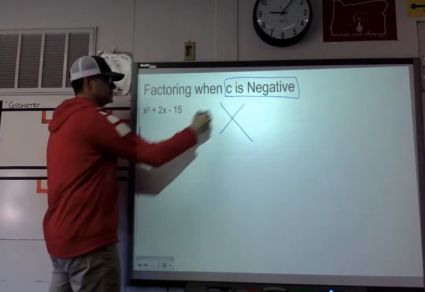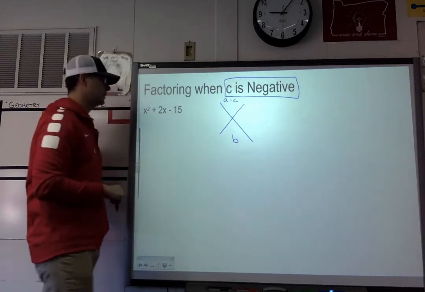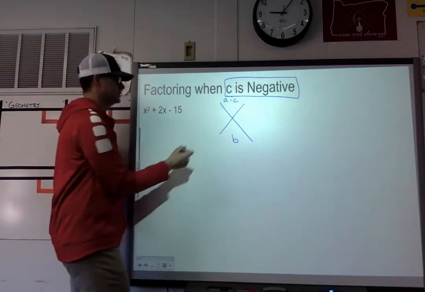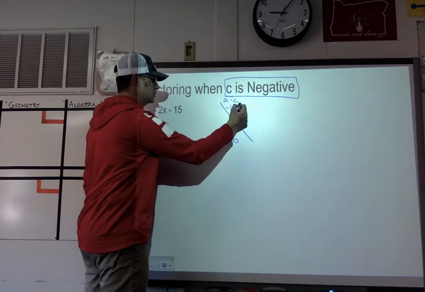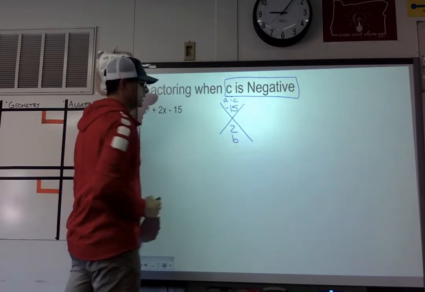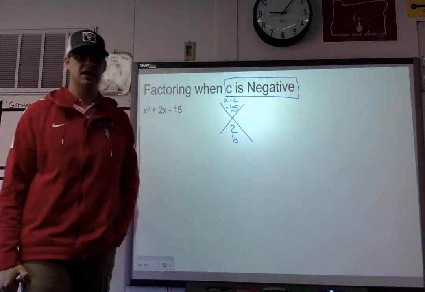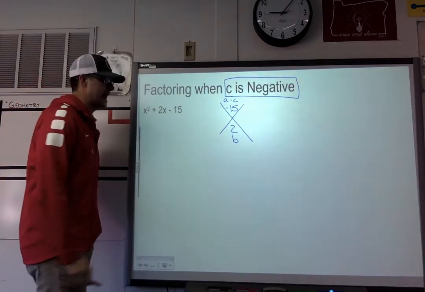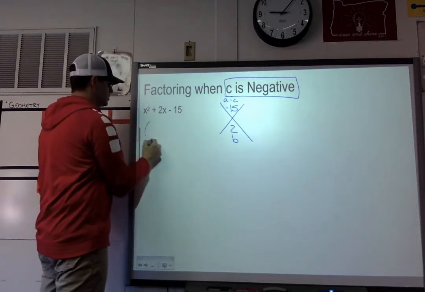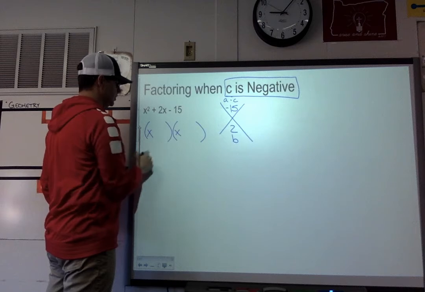So in this case, again, we have a times c in the top, b in the bottom. So 1 times -15 is -15, and then we'll have 2 here. So now we need two numbers that multiply to -15 and add to 2. Again, we have our two binomials.